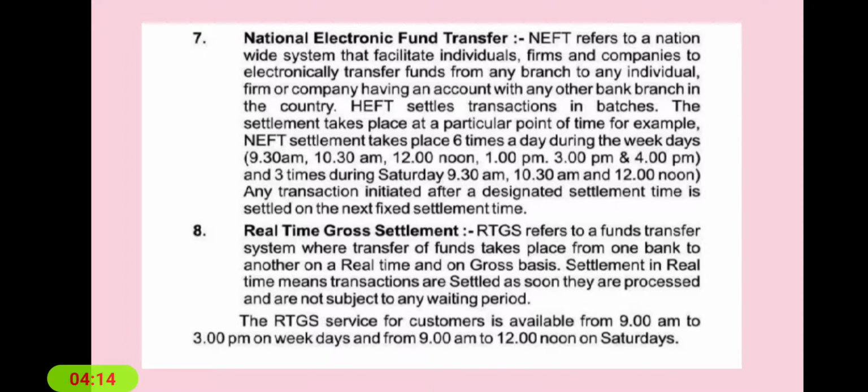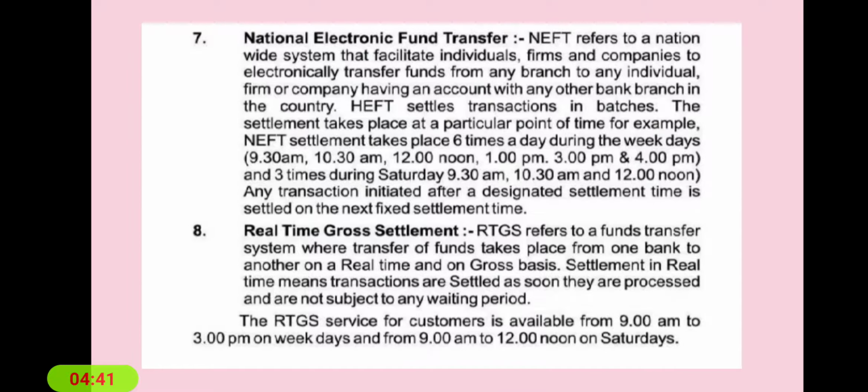That means settlements take place at particular points of time. For example, NEFT settlement takes place 6 times a day during weekdays: 9:30 am, 10:30 am, 12 noon, 1 pm, 3 pm, 4 pm, and 3 times on Saturday: 9:30 am, 10:30 am, and 12 noon.